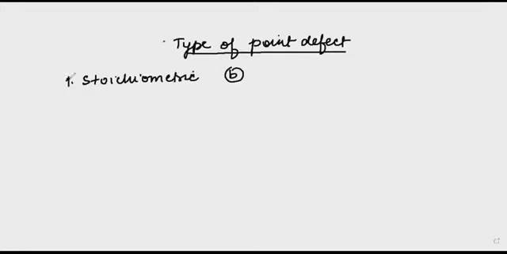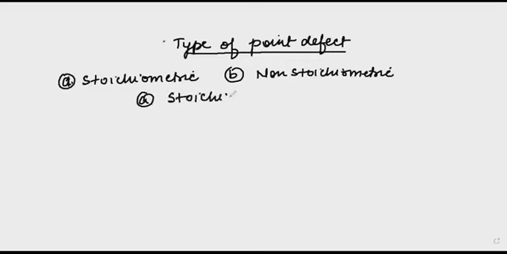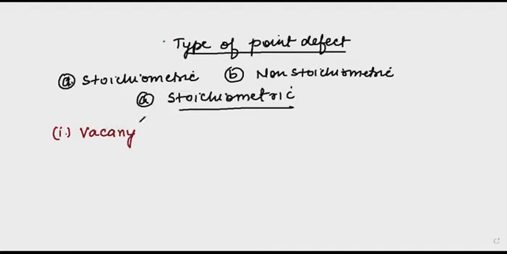Second one is non-stoichiometric. In stoichiometric, the first one we are discussing is vacancy defect.